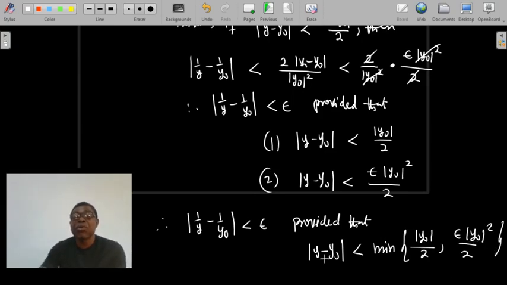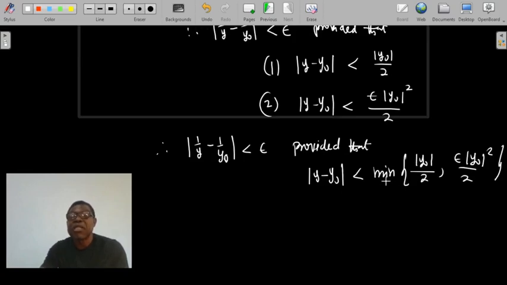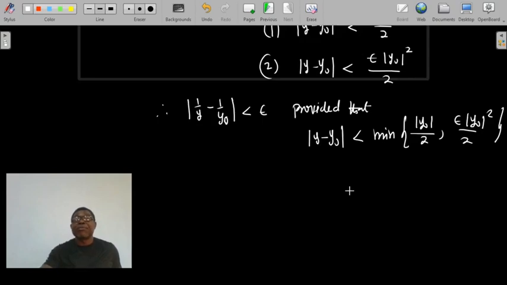So if absolute value of y minus y naught is less than the minimum of these two, then what that means is that it is less than both of them. And that is how this particular thing will give us that these two are satisfied. Since it's less than the minimum, which is the smallest, if it is less than the smallest of the two, it's automatically less than the biggest of the two. So it must be less than the two. So for us to get that absolute value of 1 over y minus 1 over y naught is less than epsilon, we must have that this control be placed on y minus y naught.